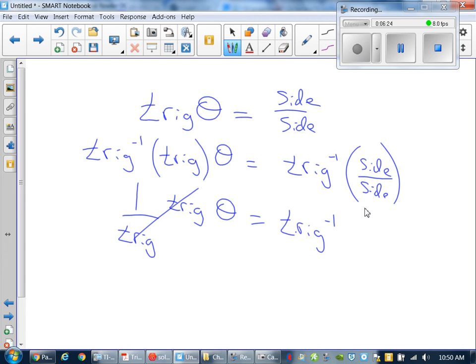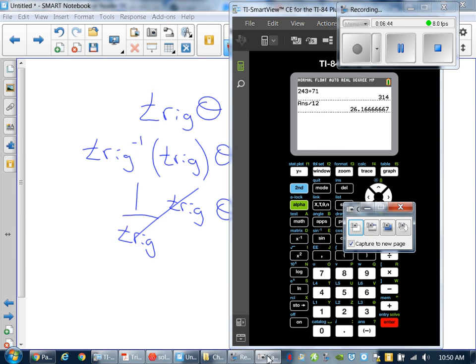This is for only solving for an angle. You only use the inverse button when you're solving for an angle, okay? Now, you'll see on your calculators, you've got a slew of inverse trig functions.